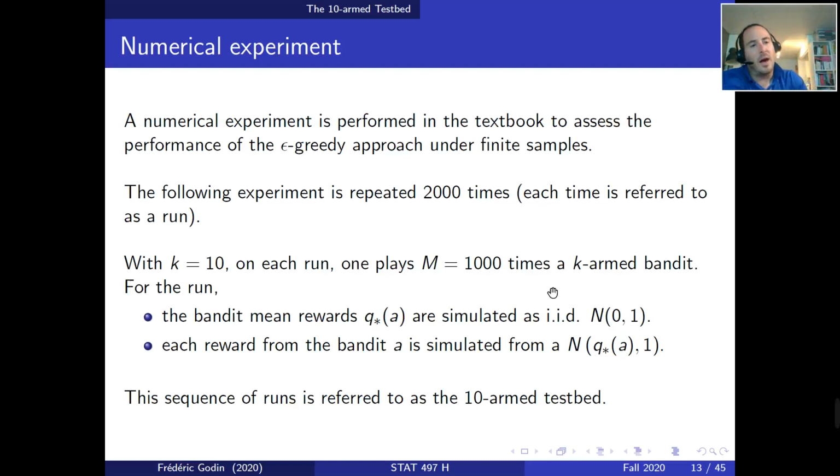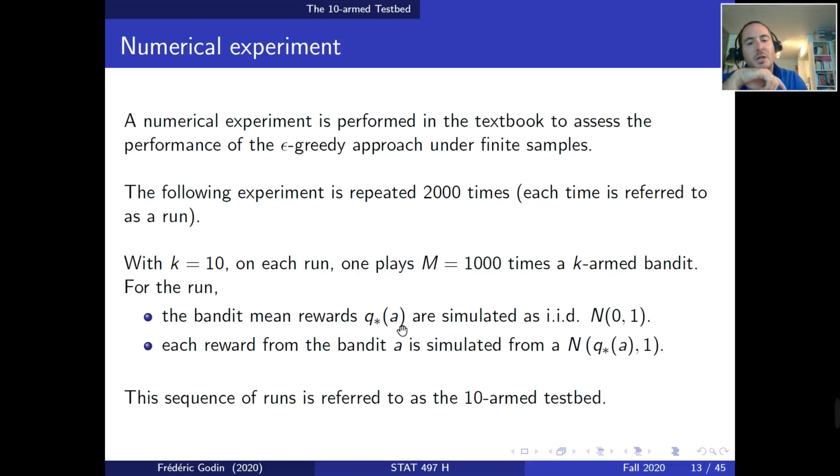Now what are the distributions of rewards for the various levers in our experiment? We're going to assume the following. For each run, at the beginning of the run, the average reward will be sampled randomly for all levers. The average will be constant through the run, but sampled randomly at the beginning of the run.